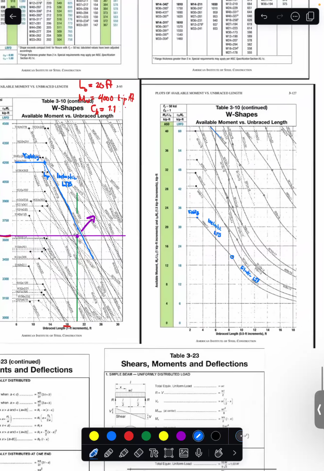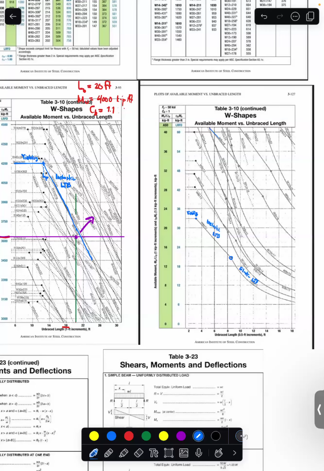Okay, kasi halimbawa, binigyan ka ng ganito, 18 kip-feet. Binigyan ka ng 8 feet na haba lang. So lahat to pwede. Kasi nakuha mo is W8x10, W8x13, and so on. Siyempre, kung sinelect mo si W8x10, okay, inelastic LTB pala yan.